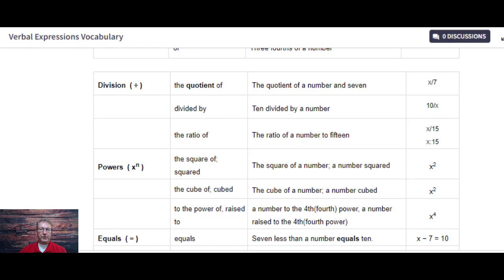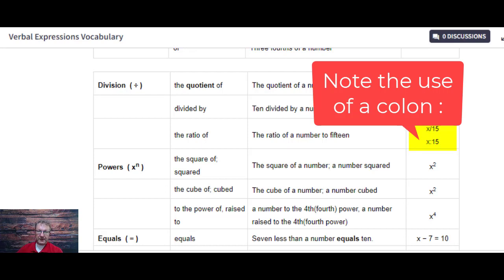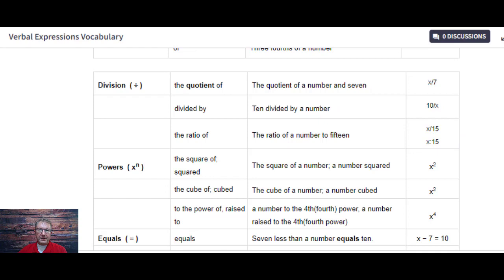The ratio of: just remember in the future that a ratio is just a division problem, so they're super easy. A ratio of a number to 15 is either going to be written as x/15 or x:15. I prefer x/15 just because it's easier for me to perform inverse operations on.